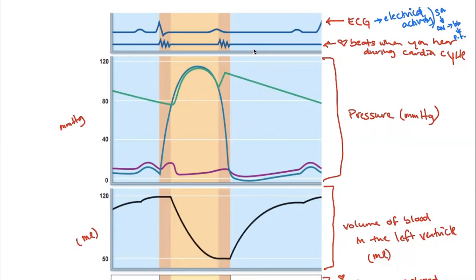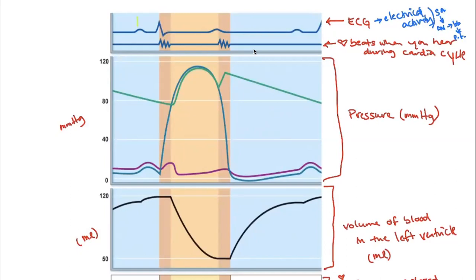And these ECGs have wave patterns, and these wave patterns are electrical, and whether they're up or down does not signify whether something is contracting or relaxing. It's just the way that the electrical signals are picked up.